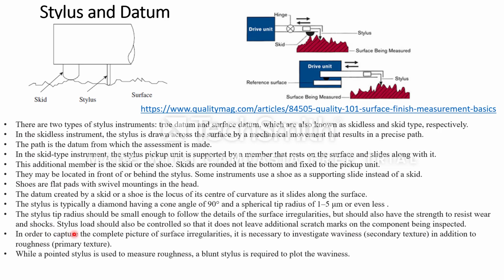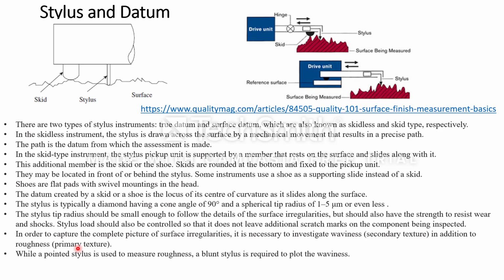In order to capture the complete picture of the surface irregularities, it is necessary to investigate waviness, which is a secondary texture over the surface, in addition to the roughness, which is the primary texture. Generally, industries only look at the roughness, the primary texture.